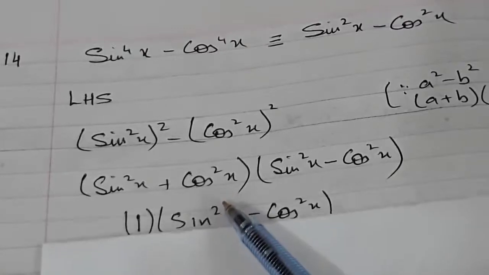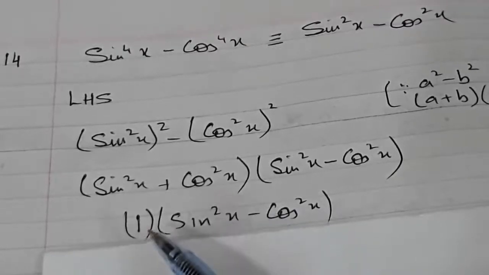So now it will take the form of a plus b, a minus b. And we know that sin square x plus cos square x equals 1. This is an identity. So now I am left with sin square x minus cos square x, which equals the right hand side. So I have proven this identity.